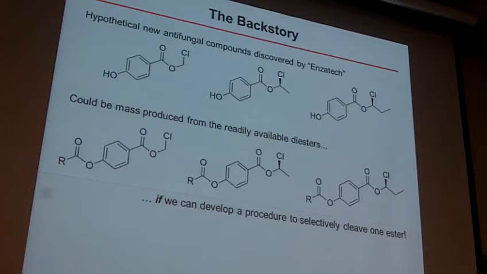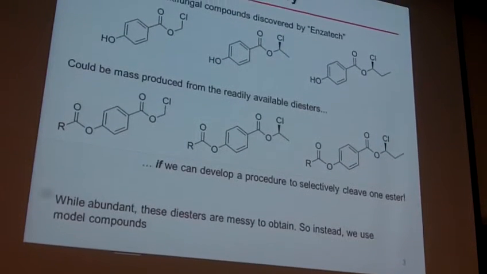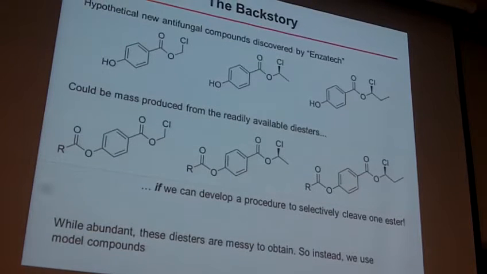That's ultimately what we're going to try to do over the next 3 weeks: make a bunch of compounds that look like these, and then test some esters to see if they're selective in the way that we want. The catch is that we can't use these compounds directly, or we don't want to.